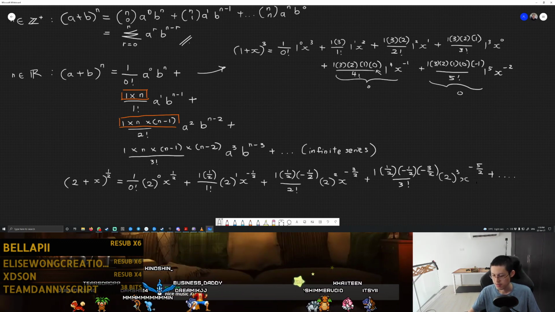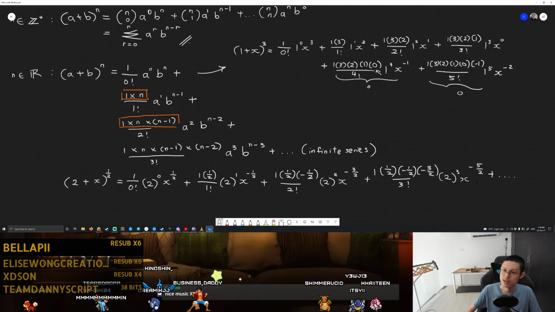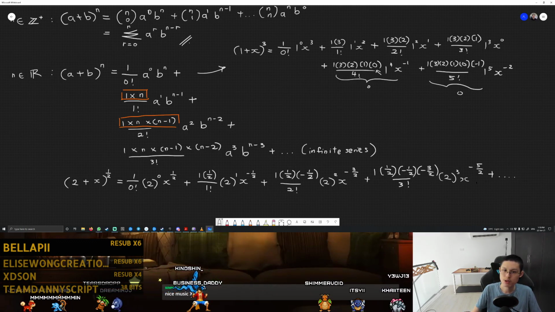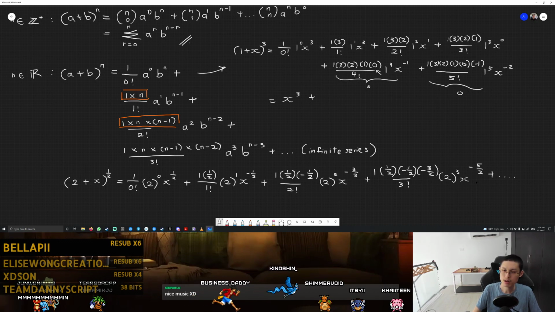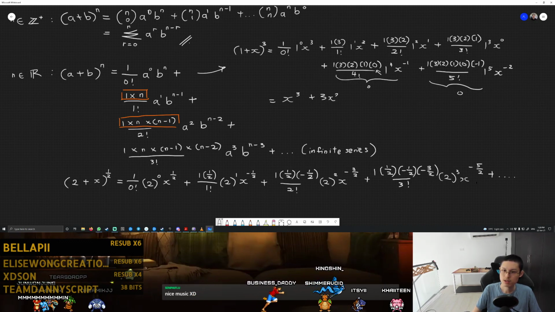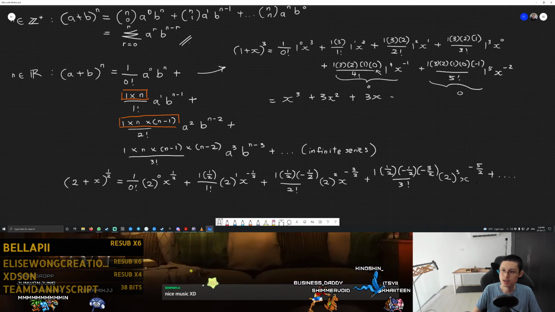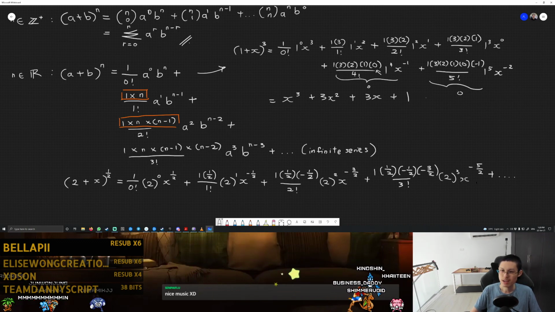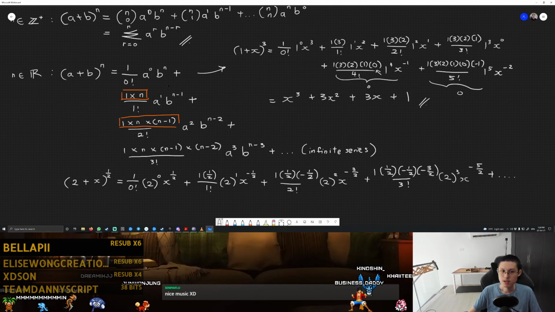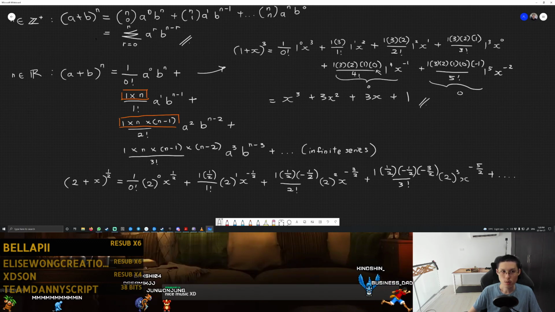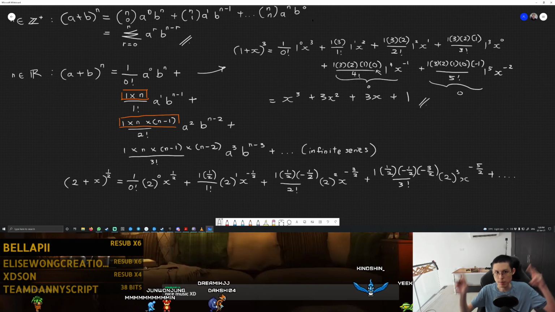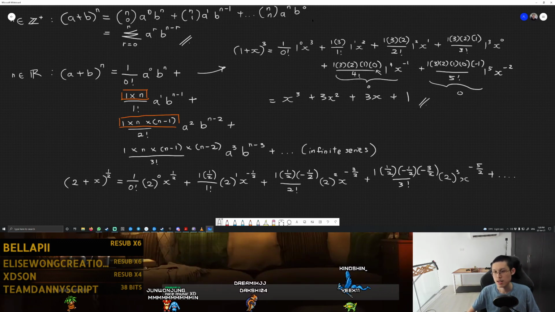Okay? Right. So if you try to expand this, you'll see that you get x cubed plus 3x squared plus 3x plus 1, which is exactly what you would expect from the regular binomial expansion. So this is the more general form, so to speak. The one that you've learned in AdMath and in AS Math, this is the more special case kind of thing.